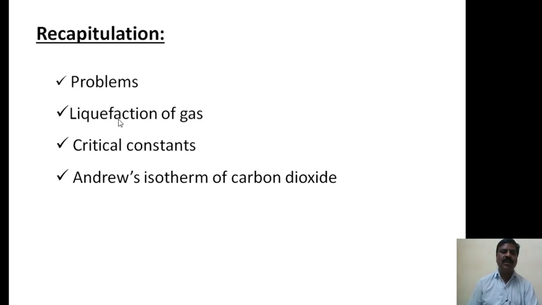Then we have already explained the liquefaction of gas, what liquefaction is and what it means. Again, the critical constants, that is critical temperature, critical pressure, and critical volume, you have already known. Then we have also discussed in this session the isotherms of carbon dioxide.